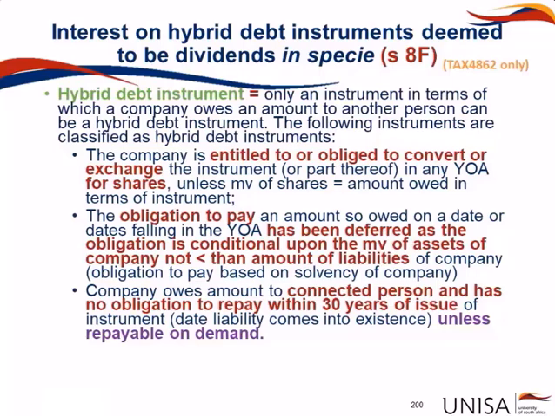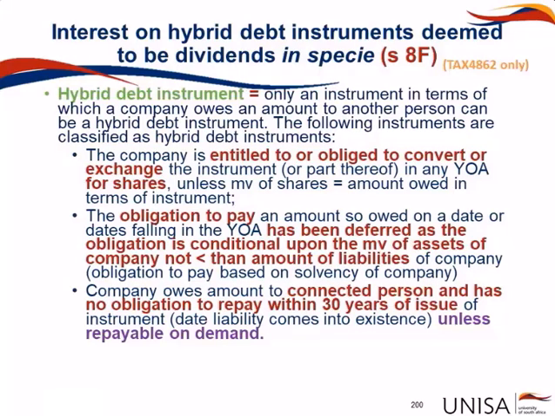The next one is that the obligation to pay has been deferred as the obligation is conditional upon the market value of the assets of the company being greater than the liabilities of the company. Or as we've stated it here, that the market value of the assets of the company cannot be less than the amount of the liability. So it's a solvency test.